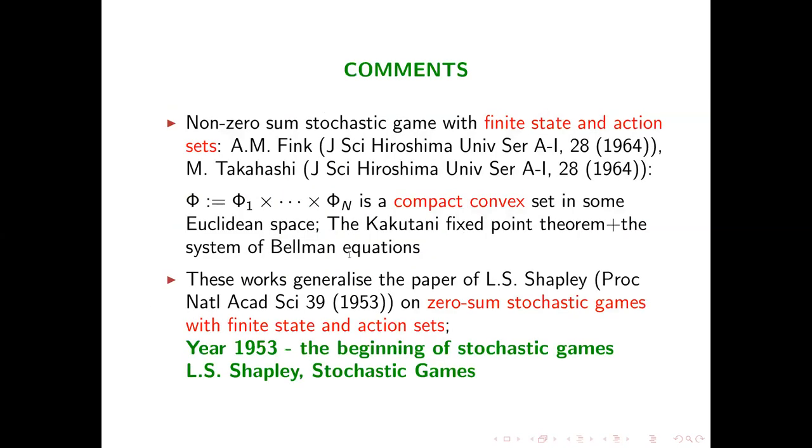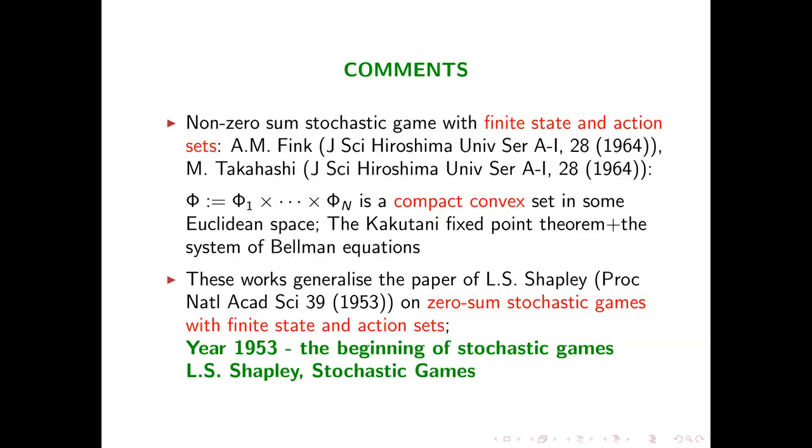So first of all, I would like to say something about two papers published in the same year, 1964, namely Fink and Takahashi, who proved independently that a non-zero-sum stochastic game with finite state and finite action sets possesses a Nash equilibrium.